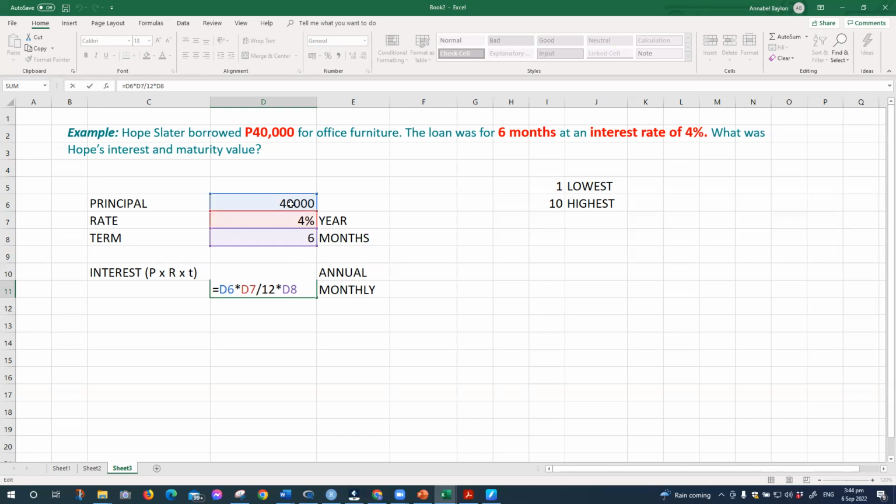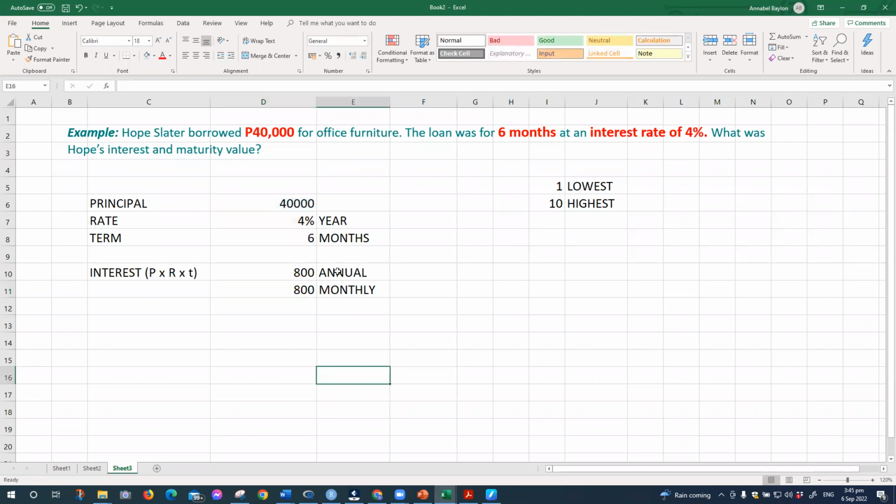The principal, sorry guys, I can't use that here. We need to know that the principal of 40,000 is for the whole duration, so we cannot use that in this problem. I stand corrected here.